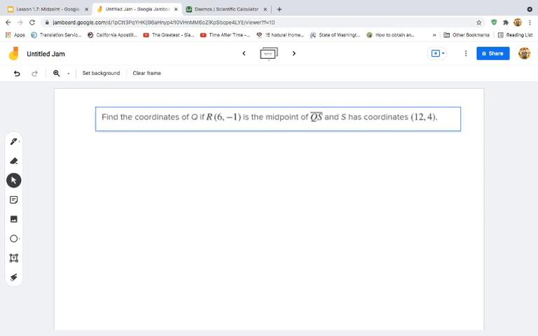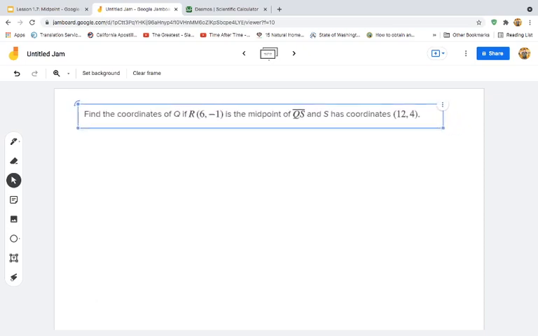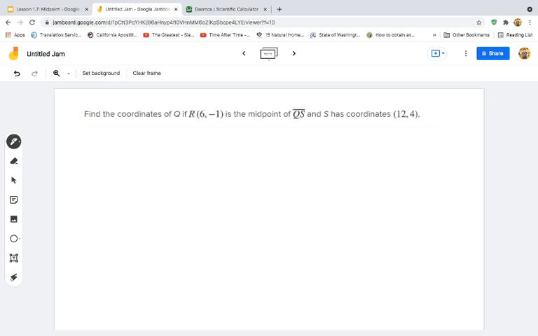So this one is saying that we want to find the coordinates of a point Q, if R is the midpoint. Okay, so they give us the midpoint here. R is the midpoint of QS, and S has coordinates of 12, 4. So one endpoint is 12, 4.